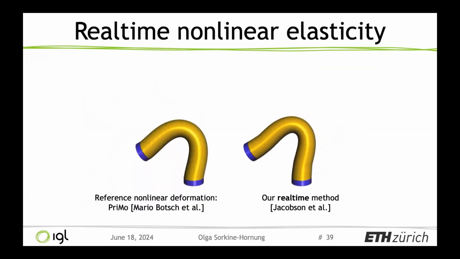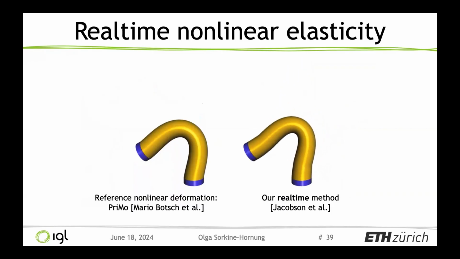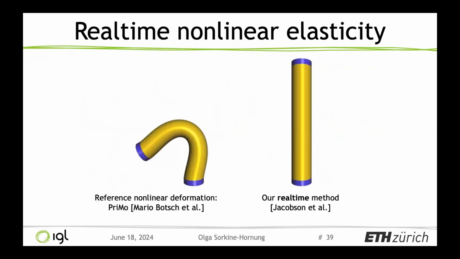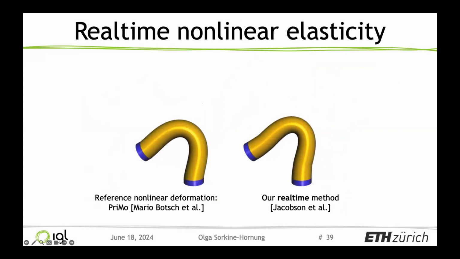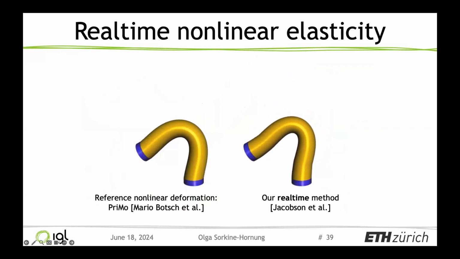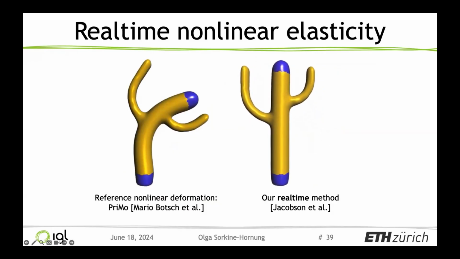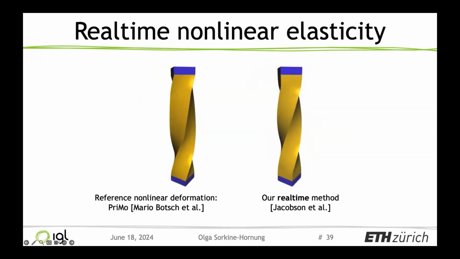Here are some more examples on various canonical shapes, comparing to, sorry, maybe let me go back for a second. The method on the left is an offline method that simulates elasticity. And here's this cactus that I showed earlier, but now not in 500 points resolution, but in full resolution, and the same for the bar.